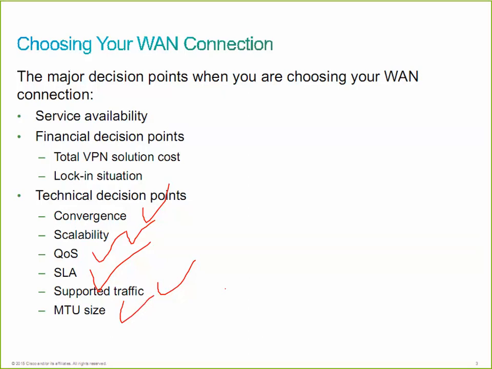So we need to know the MTU size of the service provider network so that we can set the appropriate MTU values on our network, and maybe it's smaller frames than we normally are used to seeing in an Ethernet environment, or we may be able to support the use of jumbo frames across the WAN. So these are just some technical considerations to think about when you're selecting a VPN solution and when you're designing a VPN solution.